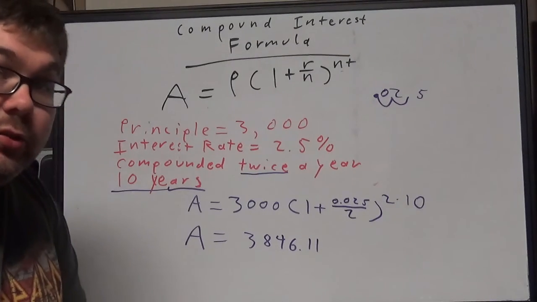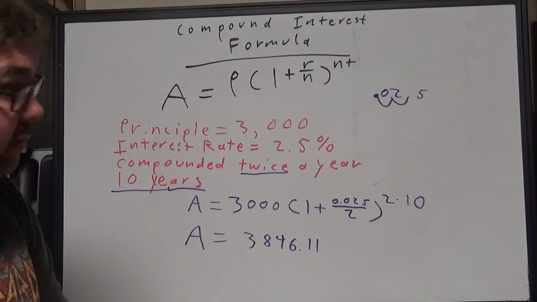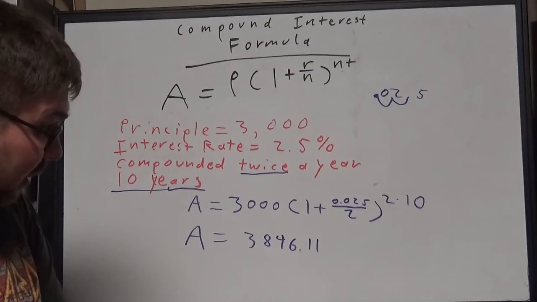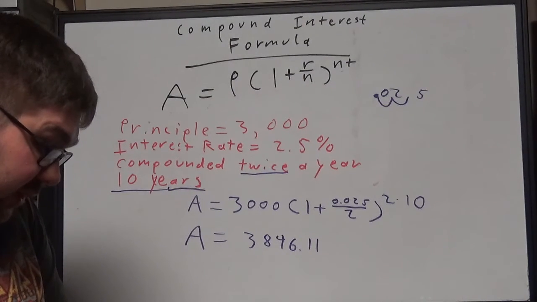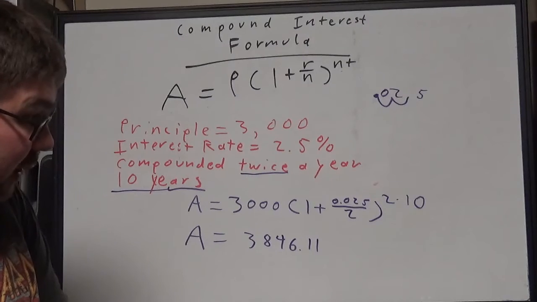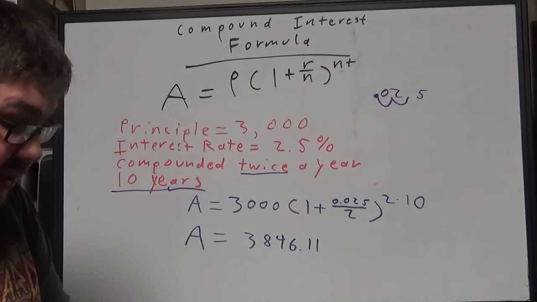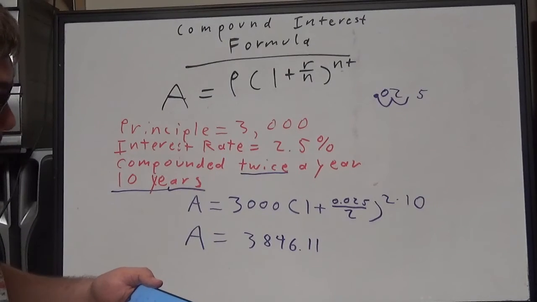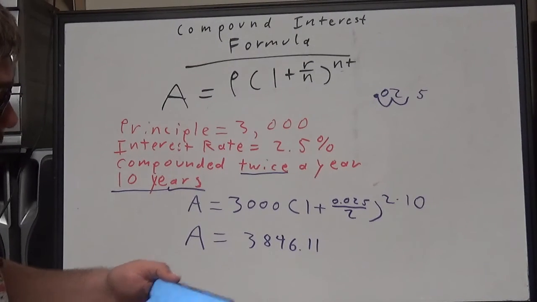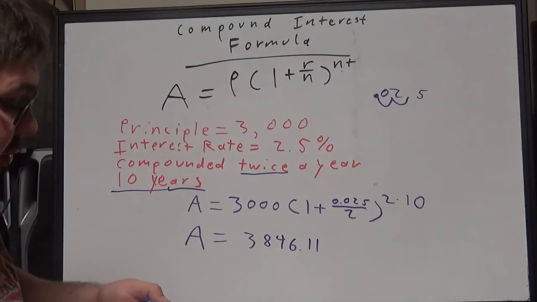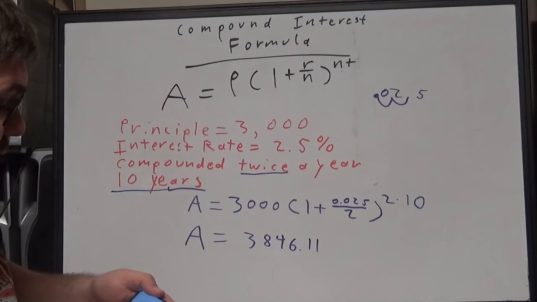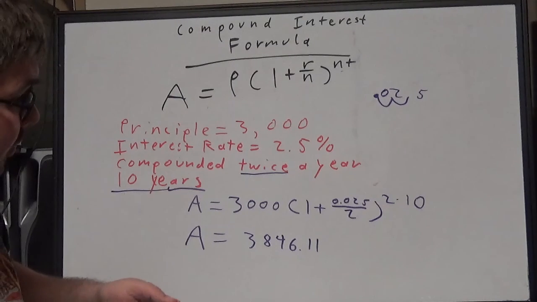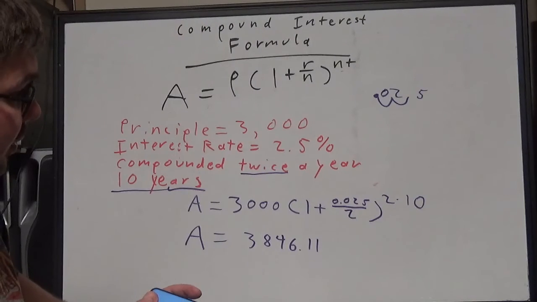So I'm wasting video time putting this in my little calculator. I'm going to do it by hand now, to make sure that it did it right, because the number looks too big to me. So I'm going to put 0.025 divided by 2 in my calculator, then add 1 to it, and I get 1.0125.